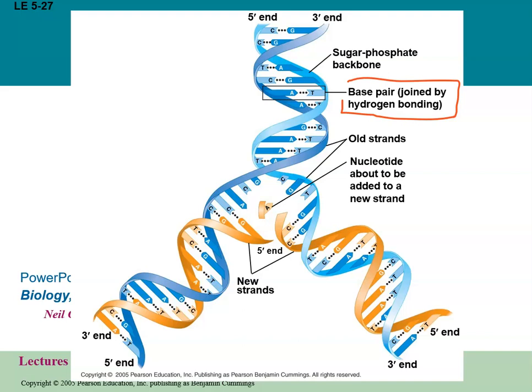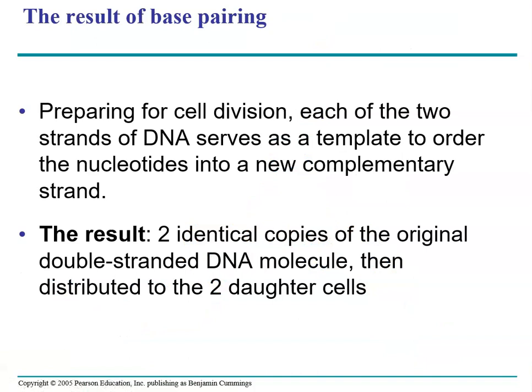That's important because they need to be able to break and reform in order for DNA to replicate. Preparing for cell division, each of those DNA strands needs to serve as a template, so they have to be able to separate from each other to do this process.